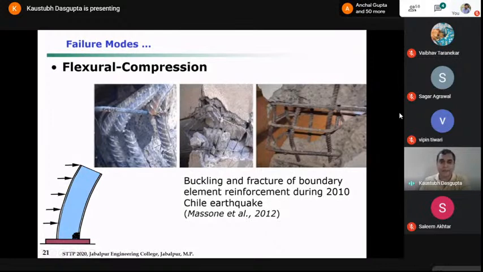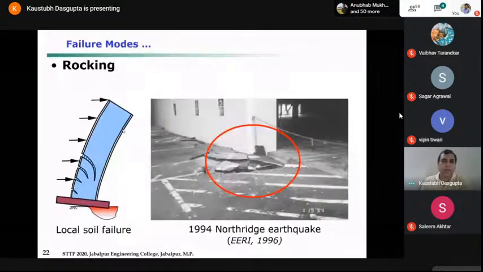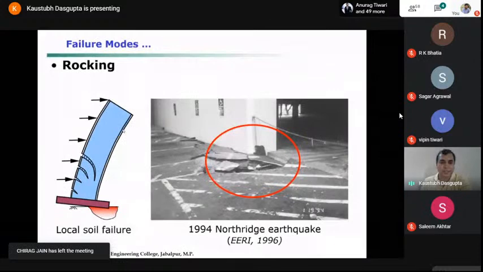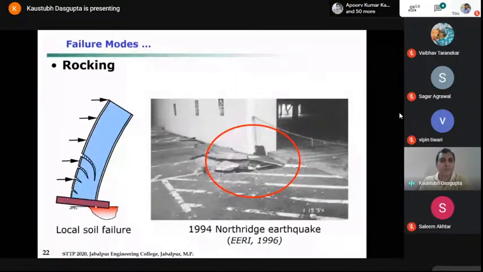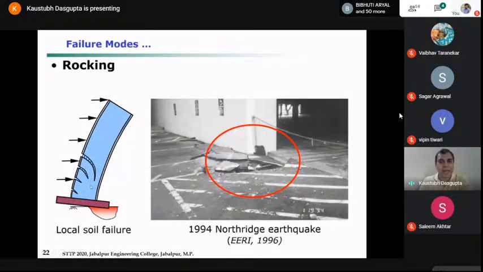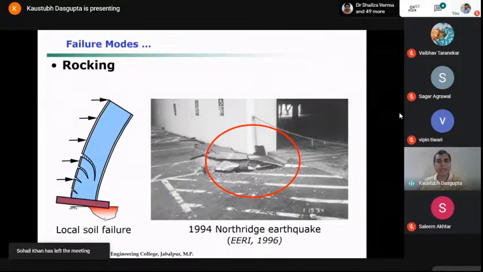So this is the result of large opening of the ties and those things. Then you have the rocking type of failure. What is rocking type of failure? Your wall may be on a shallow footing, and along with these flexural cracks, if it happens that the underlying soil also undergoes some failure, what can happen?